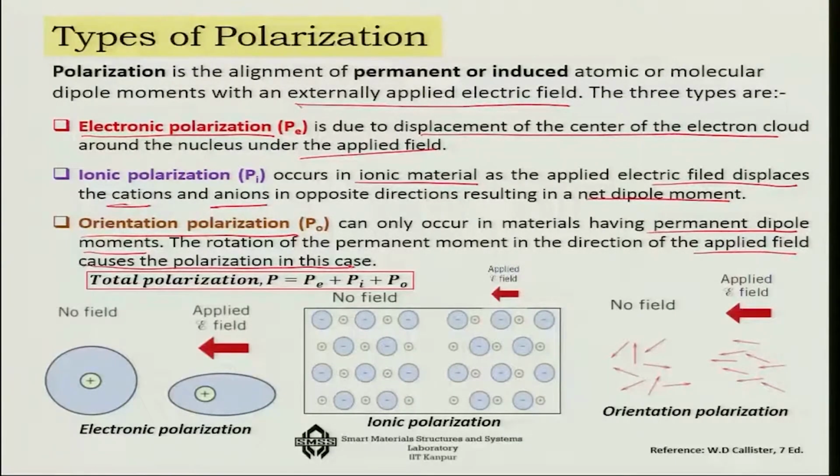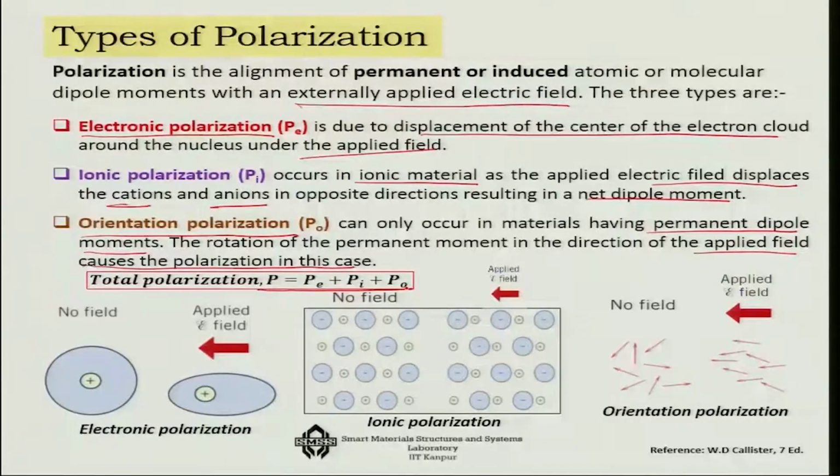And orientation polarization occurs only in a very specific group of materials we call non-centrosymmetric crystals, like these ABO3 type of systems.